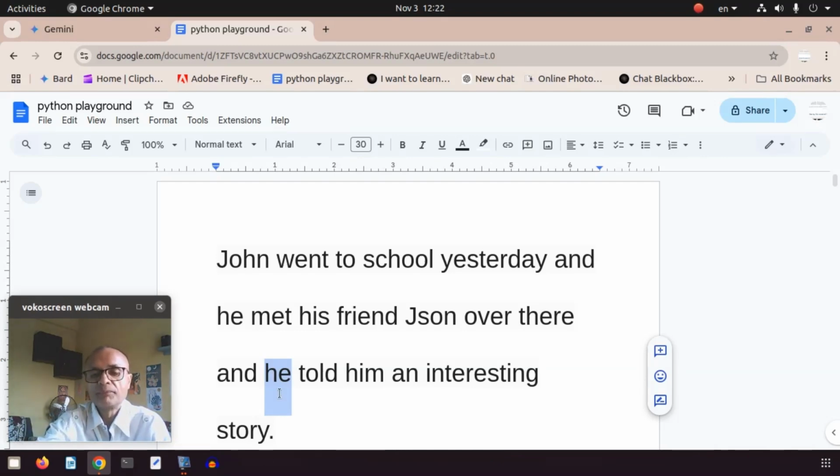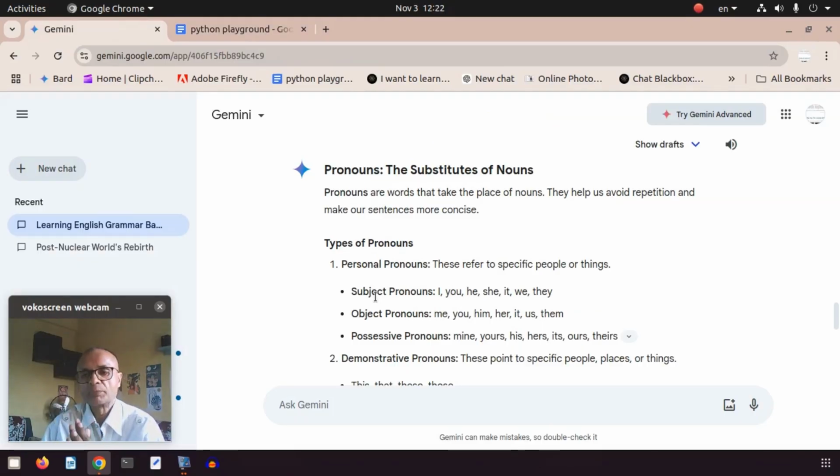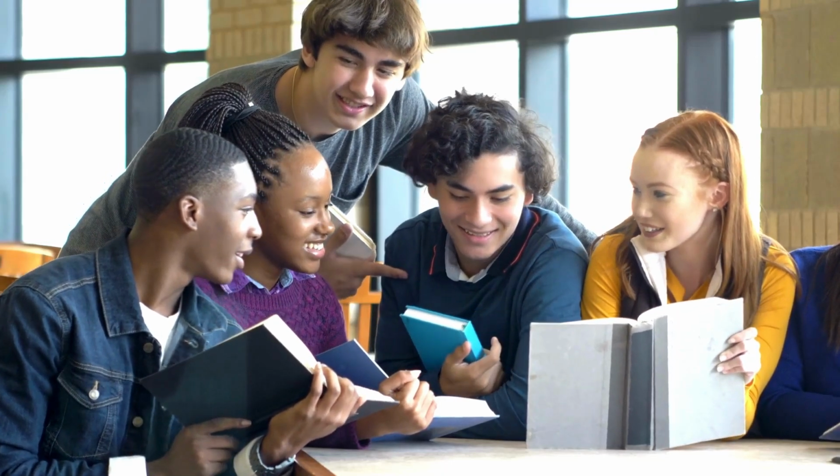That is why I want Jason to tell John the story, so I used Jason twice in this sentence. Now that is the purpose of a pronoun. The purpose of a pronoun is nothing but to substitute nouns and make the sentence more concise, clear, good looking, meaningful, and above all, interesting.